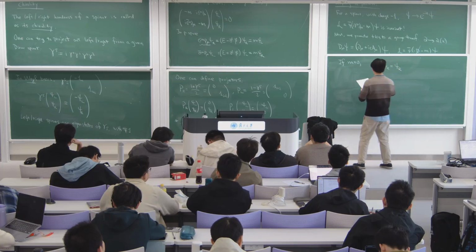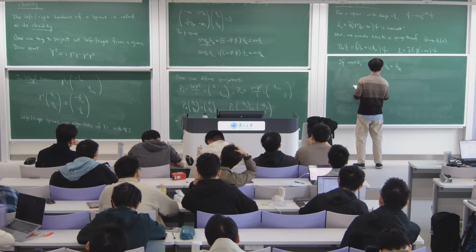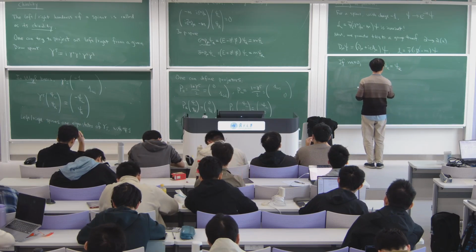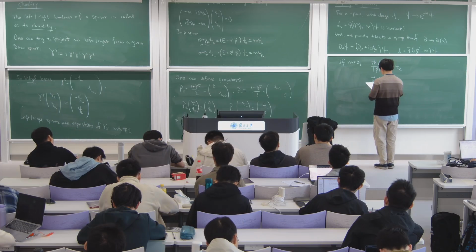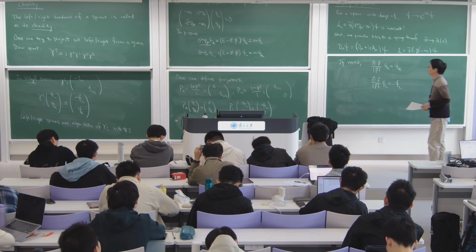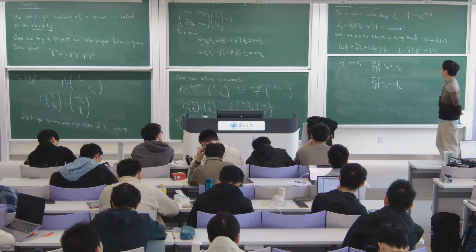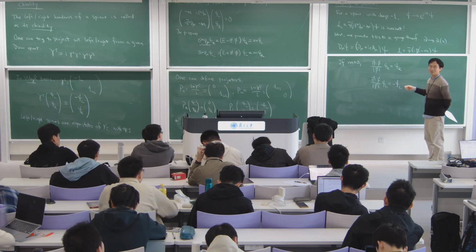And also for the left part, if this operator acts on the left, I'll get a minus left. So this is for massless. For a massless fermion, the equation of motion can be written this way.